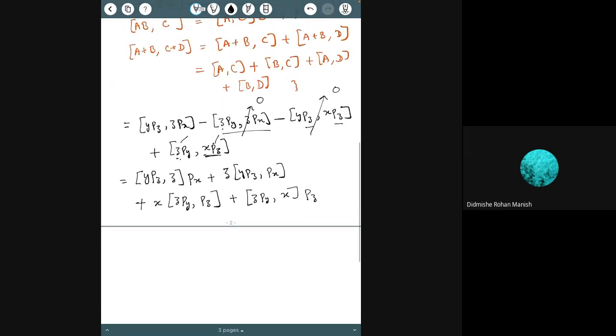Okay, now let's again look at the commutators. So here I have the same index on the two terms, so that has to be worked out. So I can take out y now from the left, and I have y, p_z, z, p_x. In the second one, there are no common indices between the coordinates and the momenta, so that will be zero.